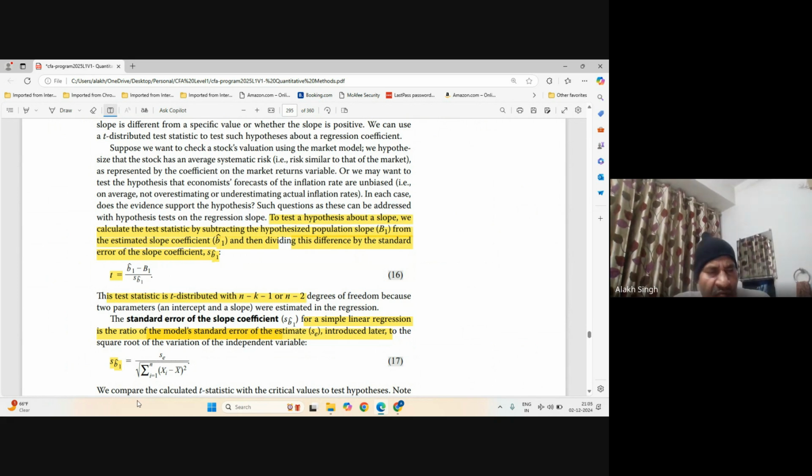What is the standard error of beta 1 hat? The standard error of the slope coefficient is the standard error of the regression divided by the square root of the sum of xi minus x bar whole squared. That will give us the standard error of B1, which is our slope coefficient.